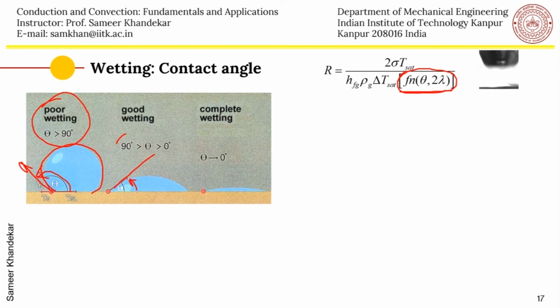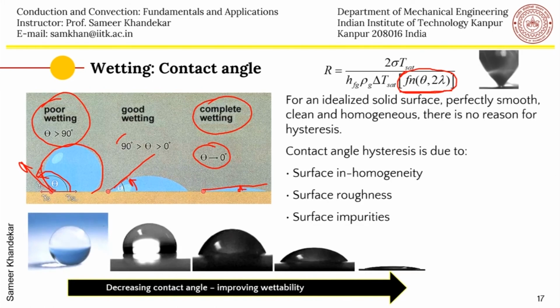Now another phenomenon which takes place in wetting is called hysteresis, and here you can see on the right two photographs. If you take a sessile droplet on a horizontal surface and then try to turn that surface at an angle, then you will see the advancing angle and the receding angle.